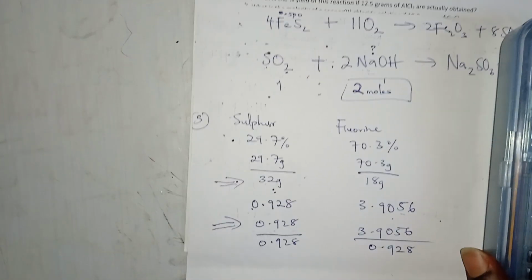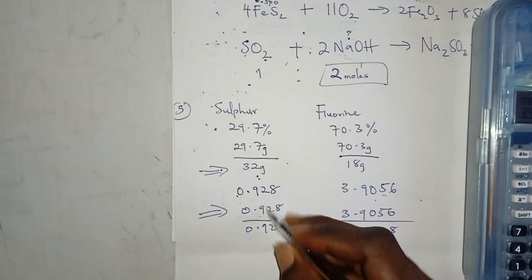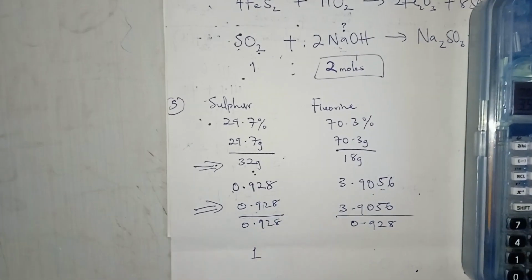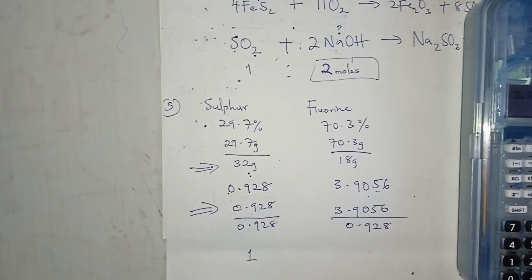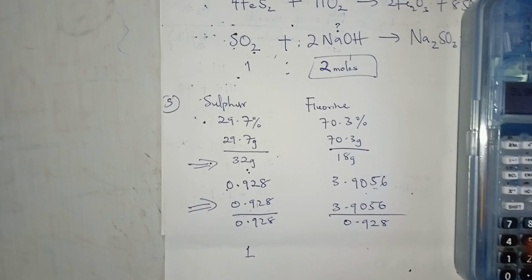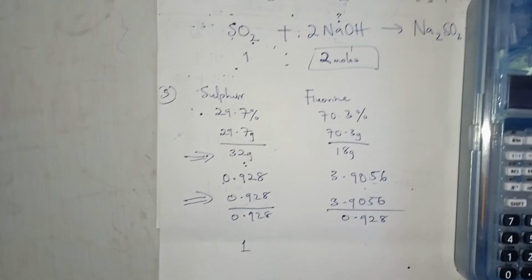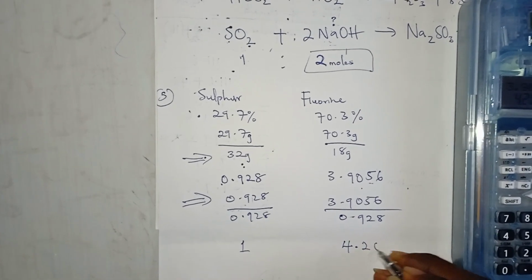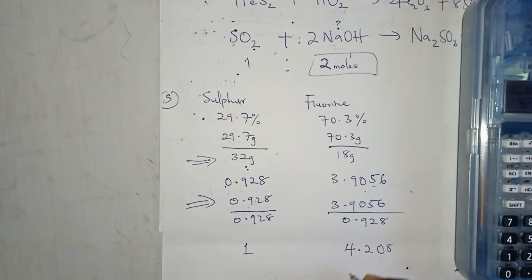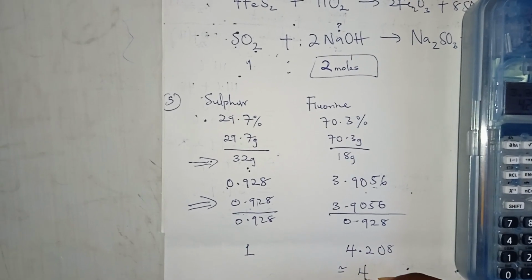When I divide this, it's going to give me 1. Now when I do 3.9056 divided by 0.928, I get 4.208, which is approximately 4.